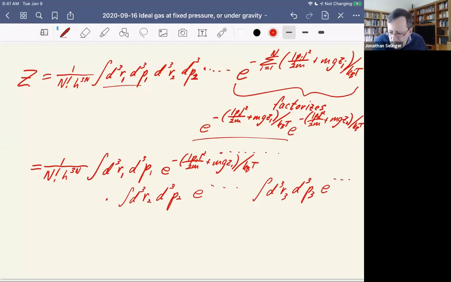But these integrals are independent of each other. Unlike typical multiple integrals, they don't affect each other. And so we could put parentheses around them. It's this integral times this integral times that integral, etc.